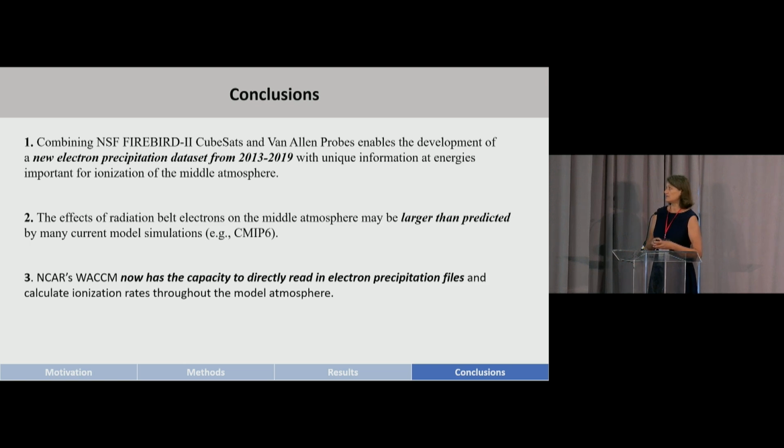That the effects of radiation belt electrons in the middle atmosphere may be larger than is currently being predicted, especially by simulations such as CMIP6. And also that we're really pleased that NCAR now has this new tool that is able to read in directly the differential electron flux at the top of the atmosphere into the model. So, a new capability of the WACCM model.